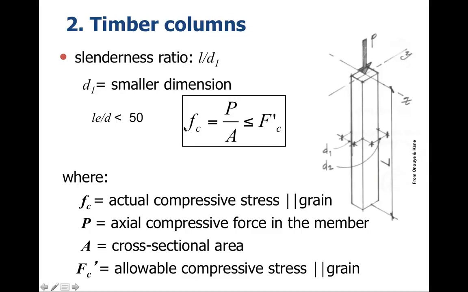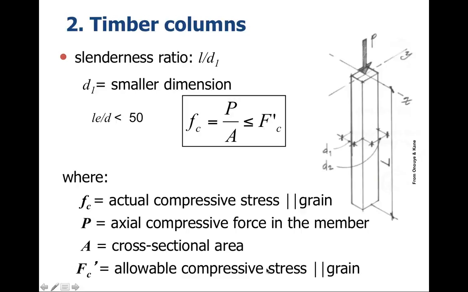stubby column, here we have something on the order of F sub C equal to P over A, and it has to be less than or equal to the F sub C, which is allowable compressive stress, parallel to grain. One of the things about wood is that it has a much higher crushing strength parallel to grain than perpendicular to grain.